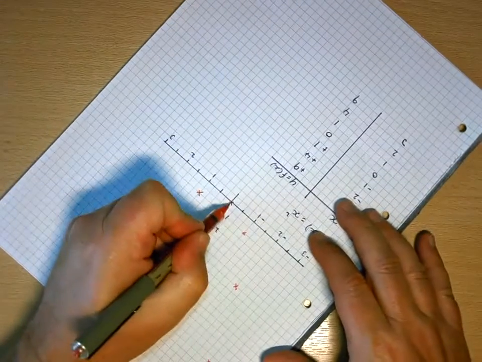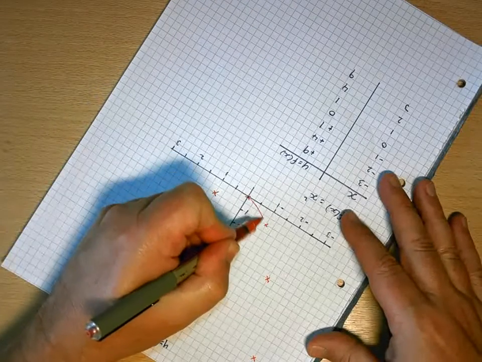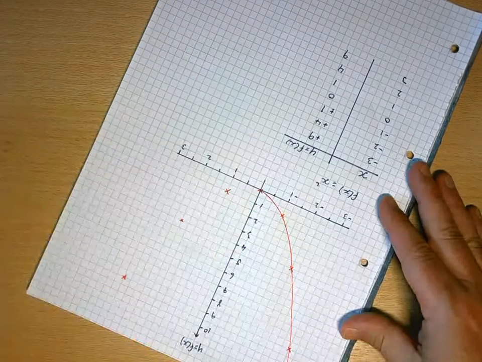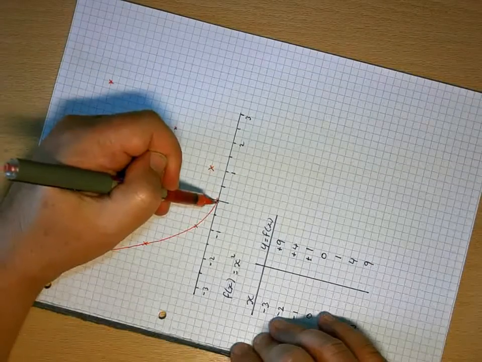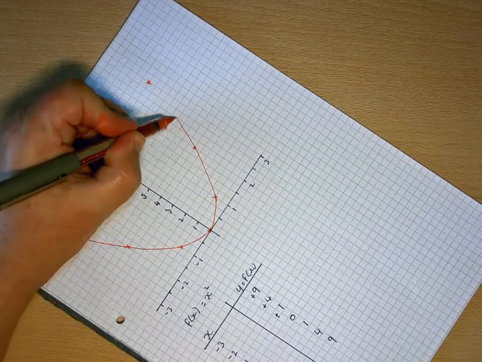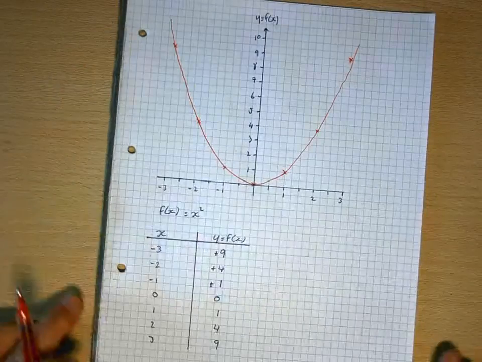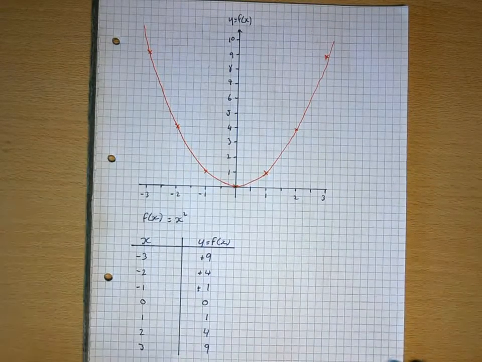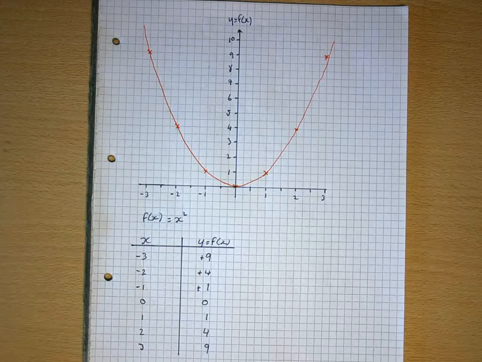So hopefully you're familiar already with what the graph of y equals x squared looks like. So that's good enough. Okay, so that's the graph of y equals f(x) when the function is x squared.